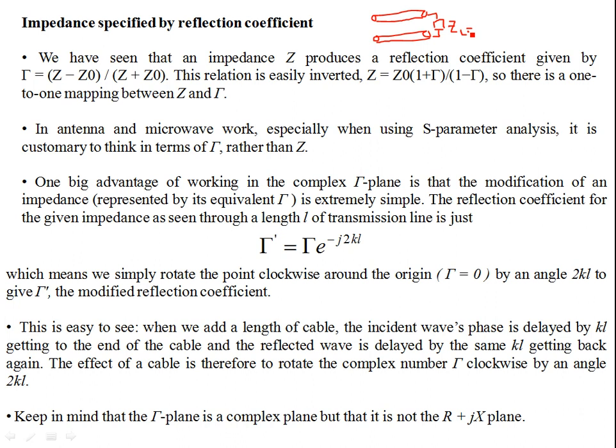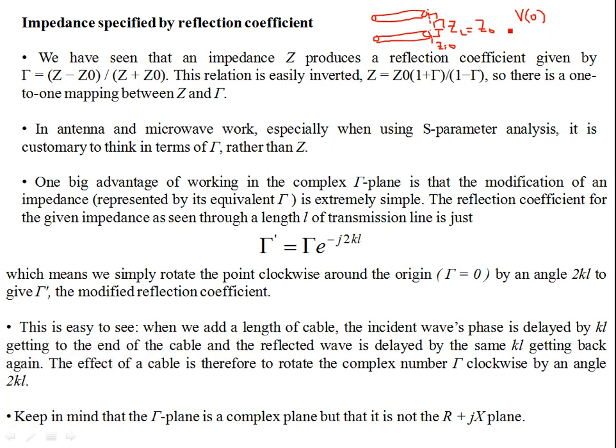Okay, so the boundary condition is such that at the point in space over here, let's call this Z equal to 0, and what we saw before was V of 0 over I of 0.